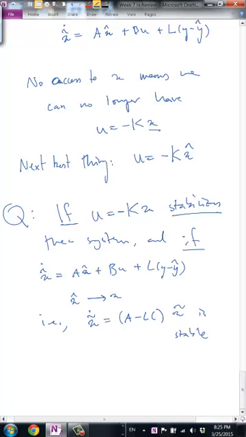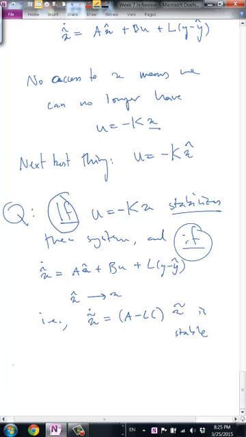So if these two things are true, then the question is, finally, does the feedback law U equals minus K X hat stabilize?